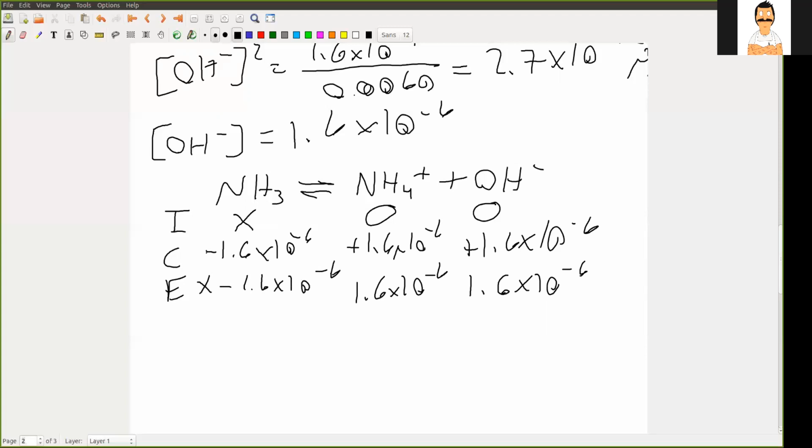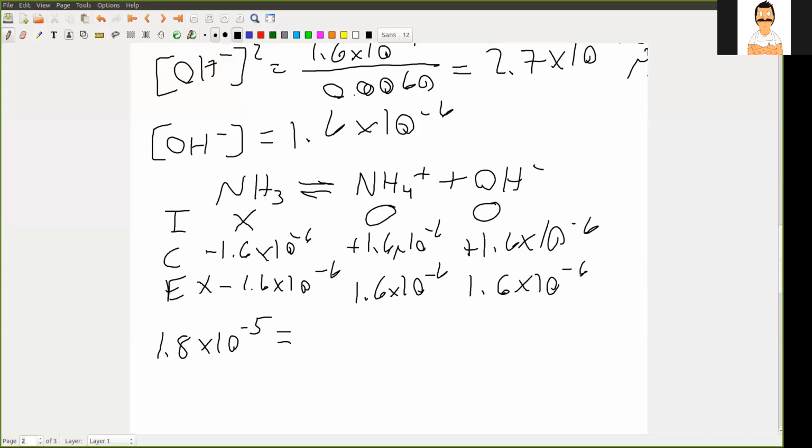And then you simply look up your Kb, because we're dealing with a base, and set up your equilibrium equation. So Kb is equal to products over reactants. Kb in this case is 1.8 times 10 to the minus 5. Products are 1.6 times 10 to the minus 6 times 1.6 times 10 to the minus 6.